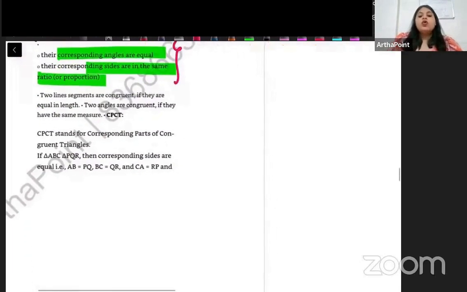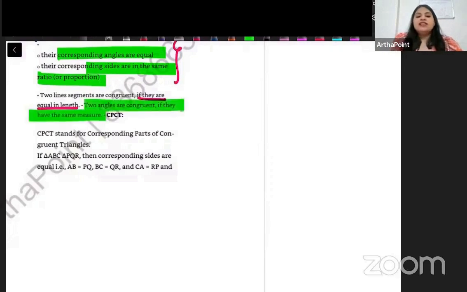Okay. Two line segments are congruent if they are equal in length. Two angles are congruent if they have the same measure. And this is called CPCT. CPCT means corresponding parts of congruent triangles.